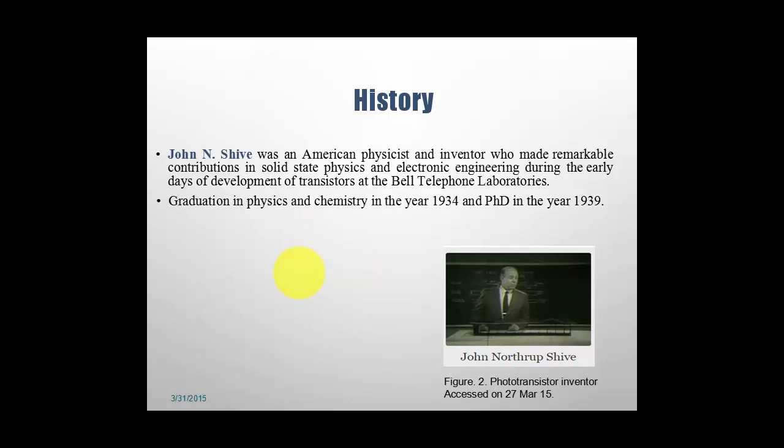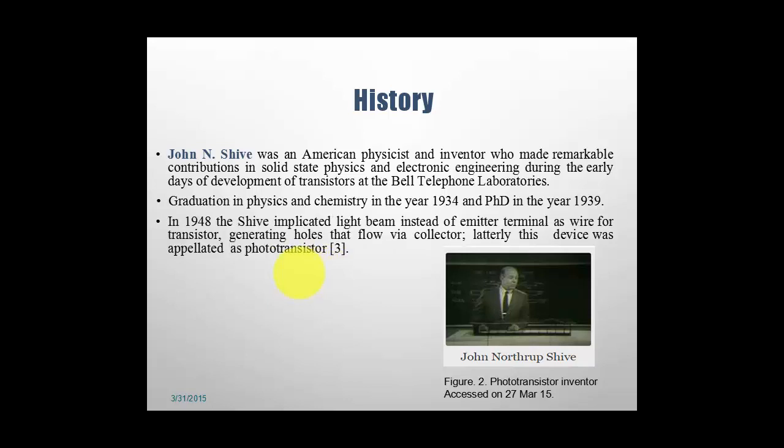He completed his graduation in physics and chemistry in 1934 and his PhD in 1939. In 1948, Shive employed a light beam instead of a metal terminal as a wire for the transistor, generating holes that flow via the collector. Later, this device was called the phototransistor. This is his snap.